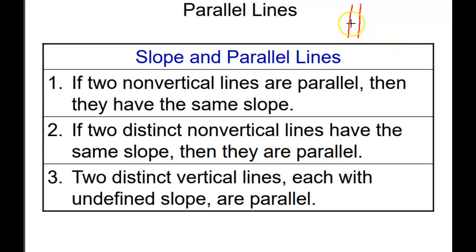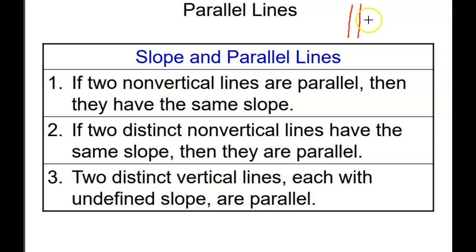But these lines don't have a slope, so technically math people can't say these have no slope. But basically, if two lines have no slope, they are parallel to each other. But for lines that do have a slope, if the slopes are the same, they are parallel to each other. Or if two lines are parallel, then they have the same slope.